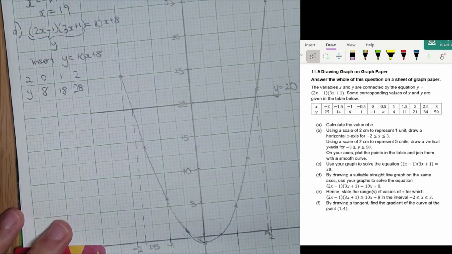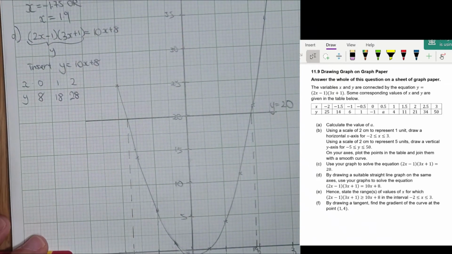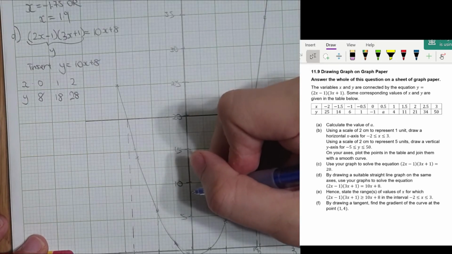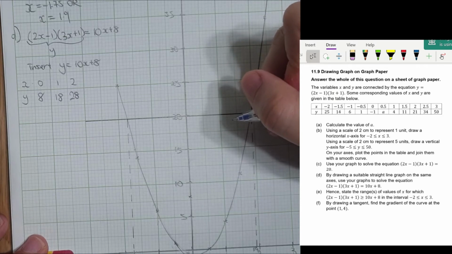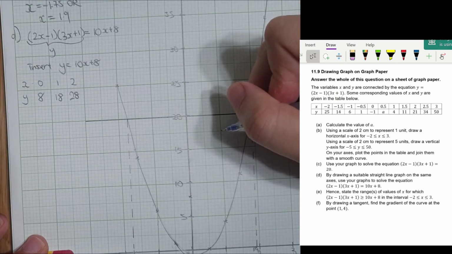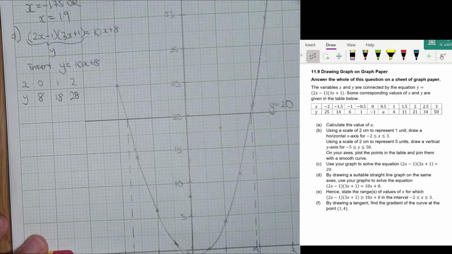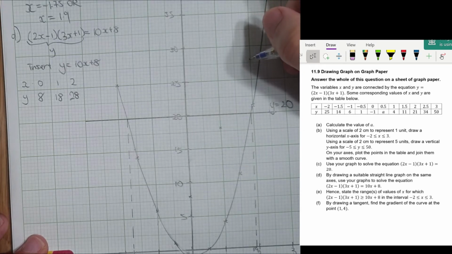Make sure they are in the range of what your graph has. Okay, plot them out. 8, 18, and then 38.